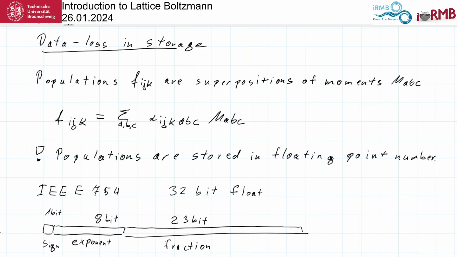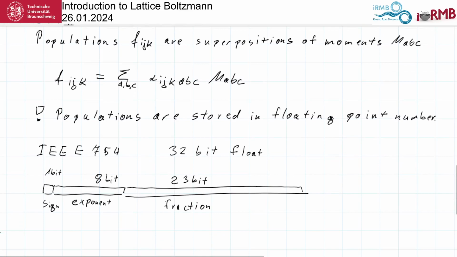Once you know the leading bit, or the point of the floating point number in the beginning, there is this 1 point, and then you can have 23 bits after this. This is how data is generally stored.